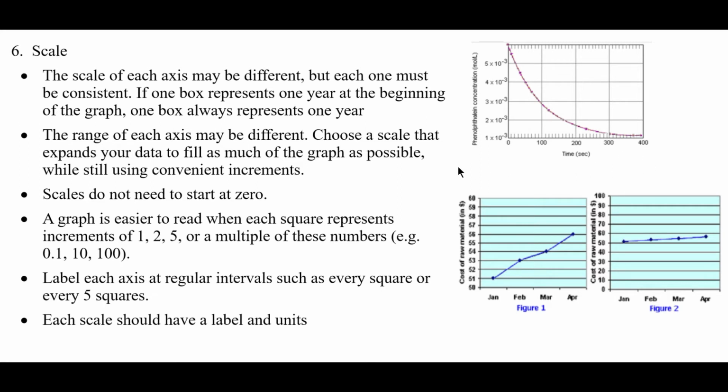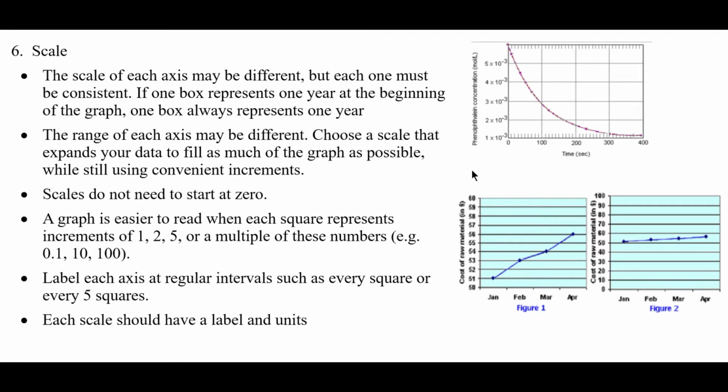But if we look at the y-axis, we have 1 times 10 to the negative third mole per liter to 5 times 10 to the negative third. Okay. So notice that each square is 1 times 10 to the negative third here, and each line is 10 and each square is 100. That's true here where we start, and that's also true when we go from 3 to 400.